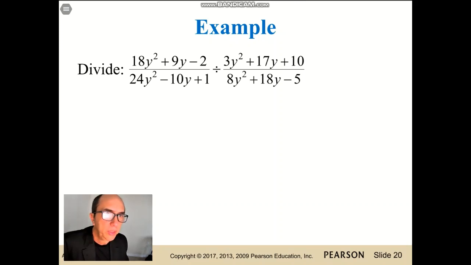We need to factor all these expressions to be able to think about a simplification.